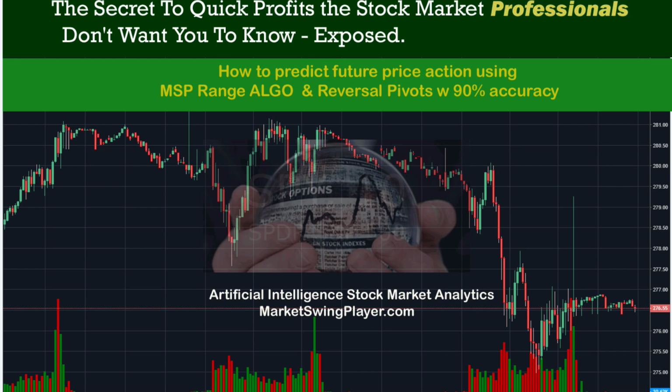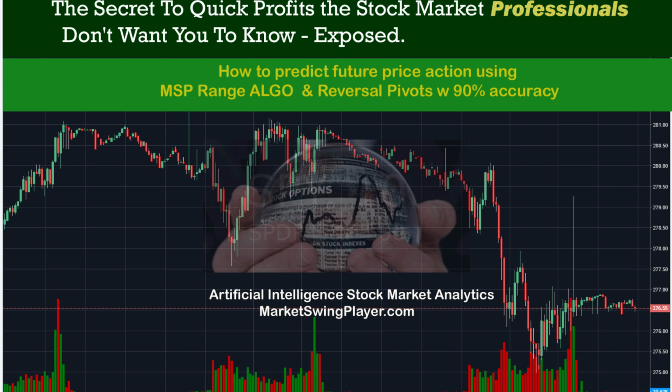And that will be how to know with great accuracy what the next move is going to be, or a range for the move. So in essence, how to predict future price action using MSP Range Algo and reversal pivots with 90% accuracy.